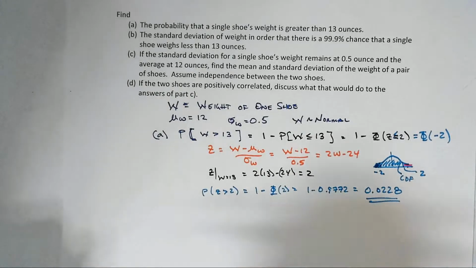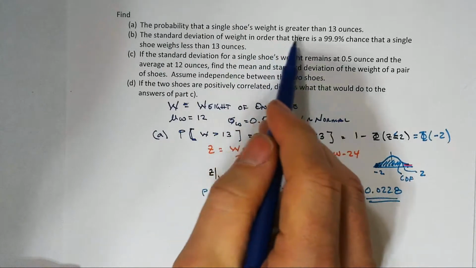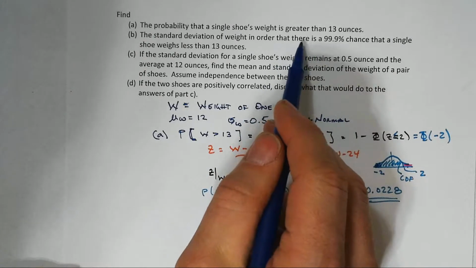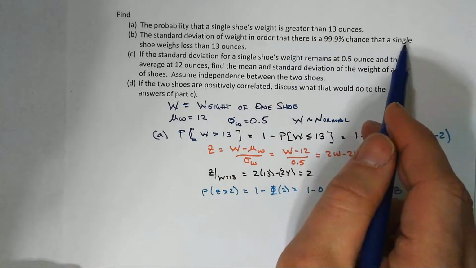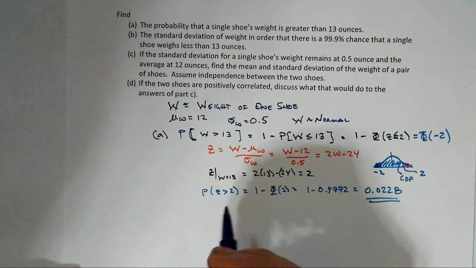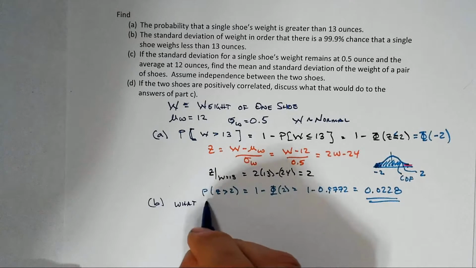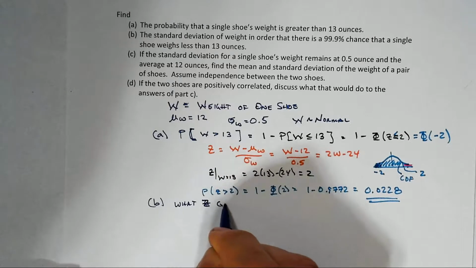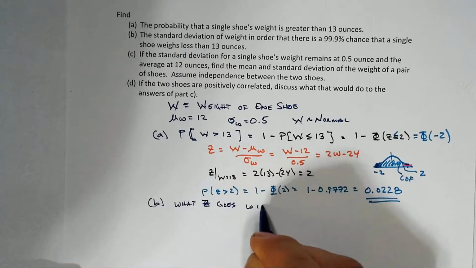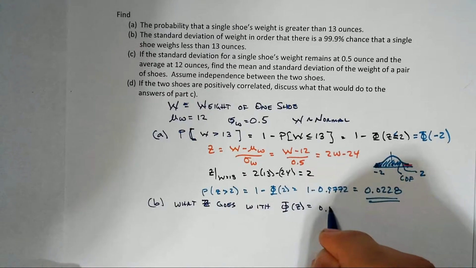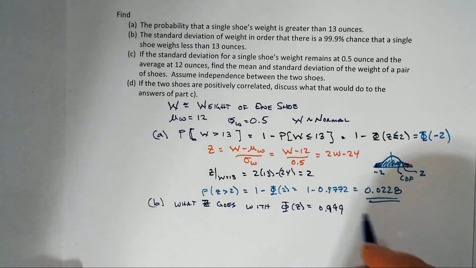Then we're asked to find the standard deviation of the weight in order that there's a 99.9% chance that a single shoe weighs less than 13 ounces. So in part B, what z goes with phi of z equaling 0.999?